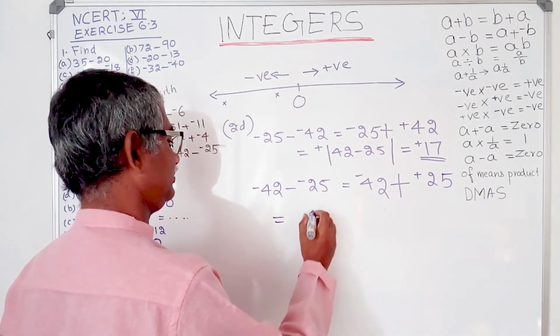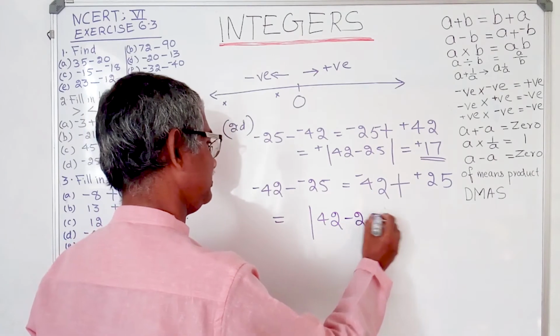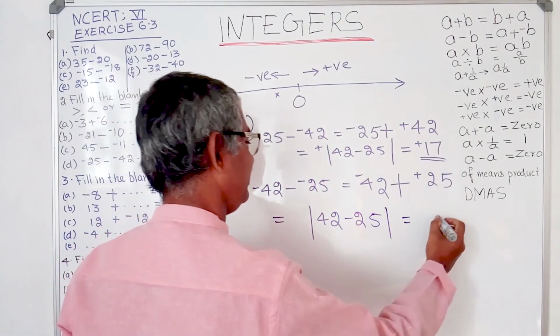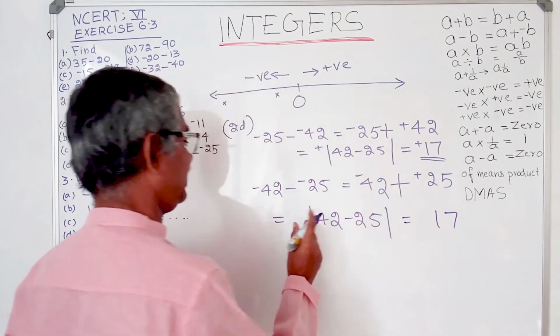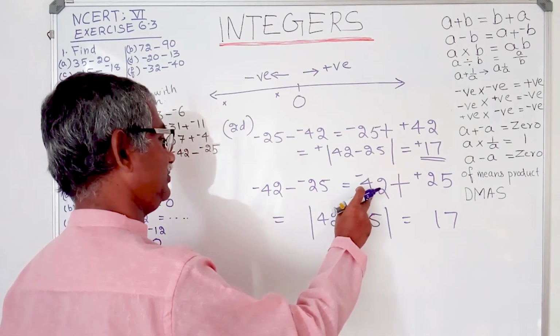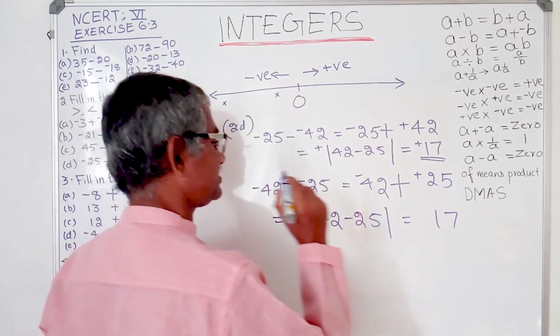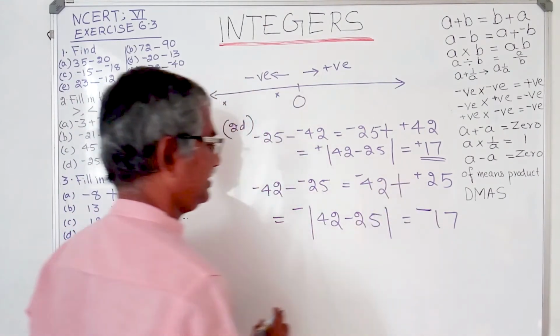What can we do? Take the difference of absolutes, which is the same 17. Put the sign of the number with the larger absolute value, that is 42. Its sign is negative, putting the negative sign, answer negative 17.